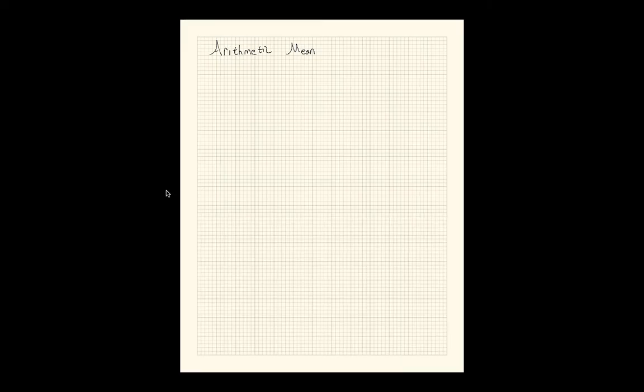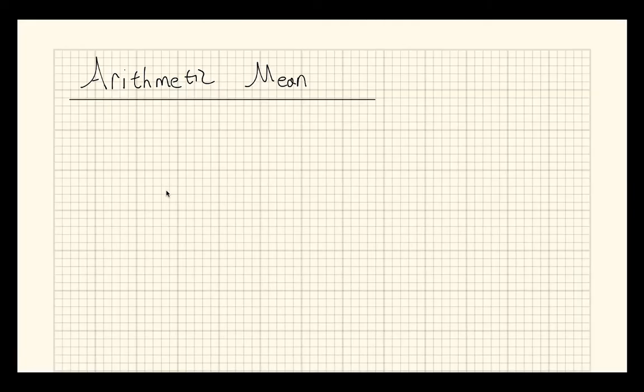All right, I want to talk about the arithmetic mean. If you remember from any probability sections you've had in the past, mean just means average. So when we're talking about the arithmetic mean, we're just talking about the average of two numbers.